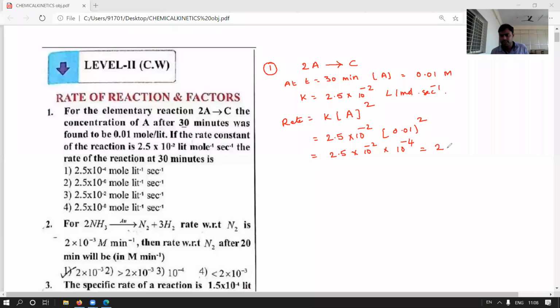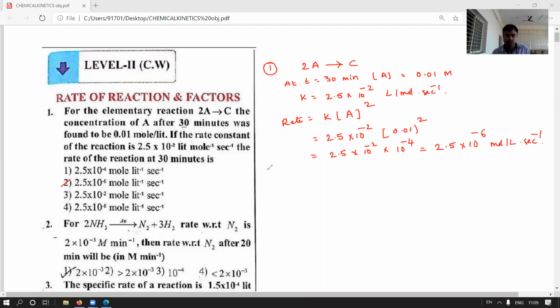Then the rate at 30 minutes is equal to 2.5 into 10 to the power of minus 6 mole per liter per second. So the correct answer is 2.5 into 10 to the power of minus 6. That means the second option is correct.